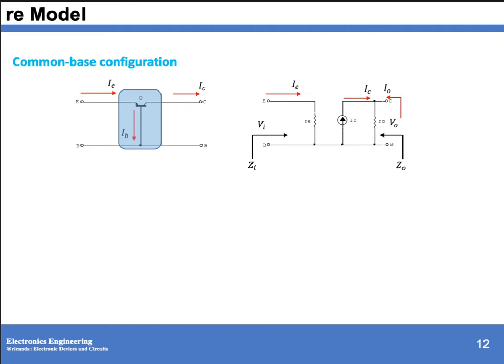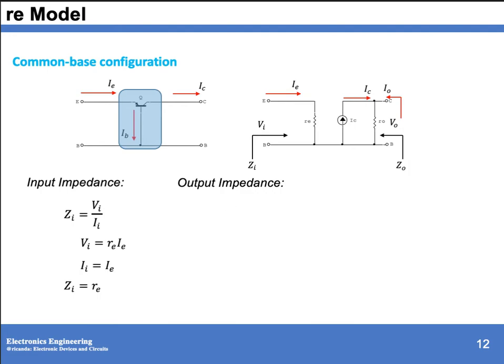So we have to solve for your input impedance. So remember your input impedance, that is V_i over I_input. Your V_i is equivalent to the voltage across your r_e. The current that flows in your r_e is your I_E. And your I_input is the same as your I_E. So substituting and dividing your equation V_i with I_i, therefore your input impedance is equivalent to r_e.